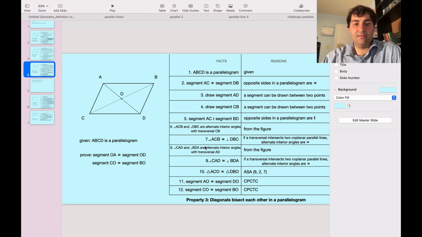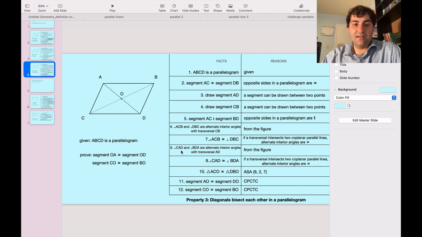So I can write down that angle ACB is congruent to angle DBC. And I just use the reason that if a transversal intersects two coplanar parallel lines, alternate interior angles are going to be congruent.